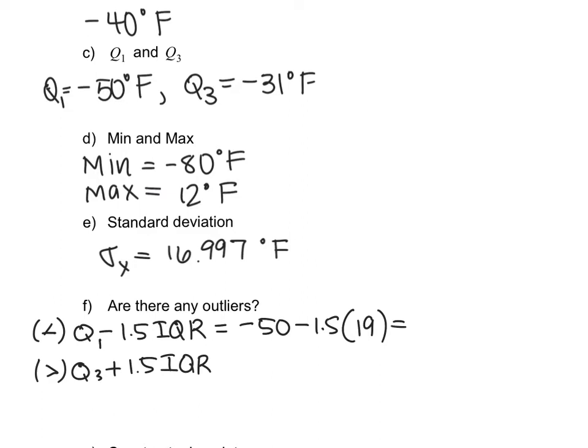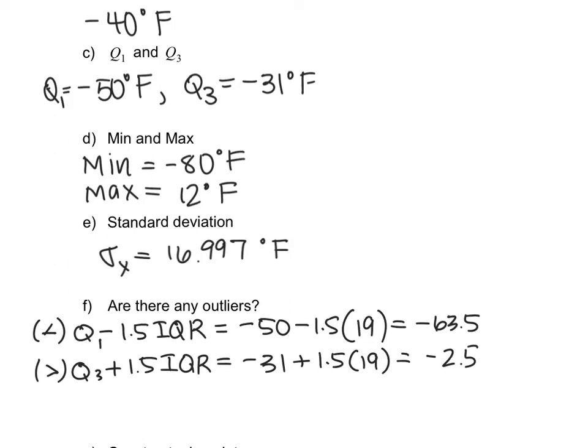So negative 50 minus 1.5 times 19 gives us negative 63.5. And then for quartile 3, we're going to do negative 31 plus 1.5 times 19. And we're going to get negative 2.5.